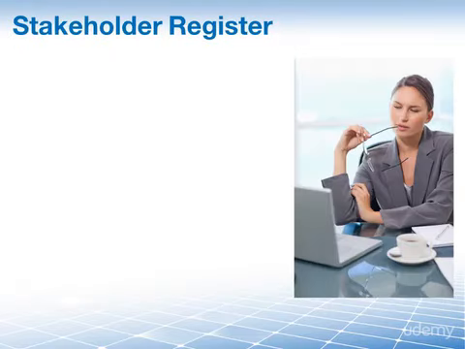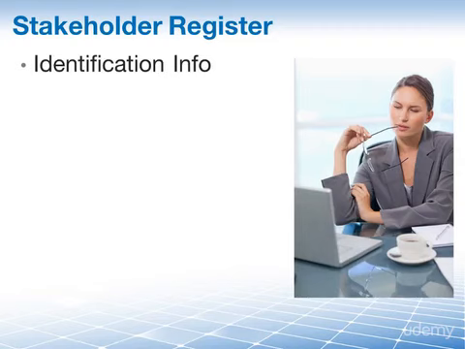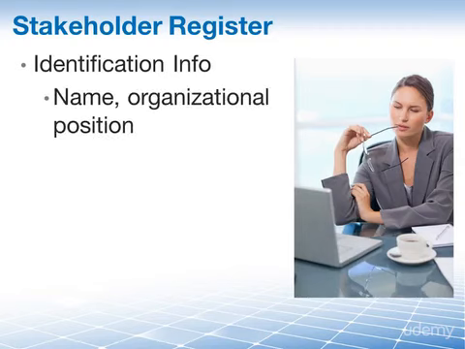We learned in this lesson's main concept that developing a communications management plan is about determining and documenting an approach that is tailored to the information and communication needs of whom? Our project stakeholders. And much of this may already be documented in the stakeholder register. It provides us important information about these needs, such as identification information like the stakeholder name and their position within the organization.